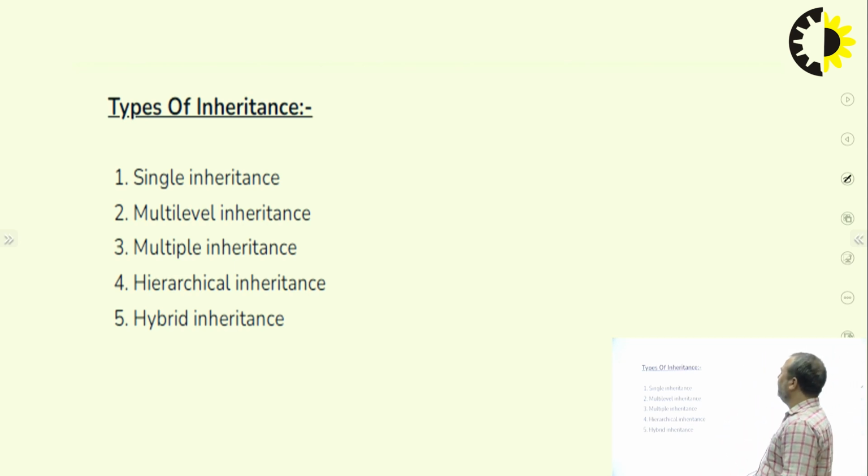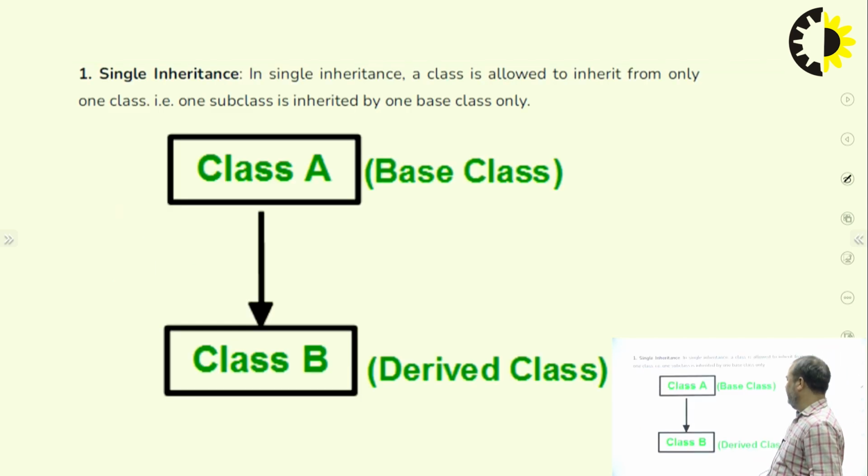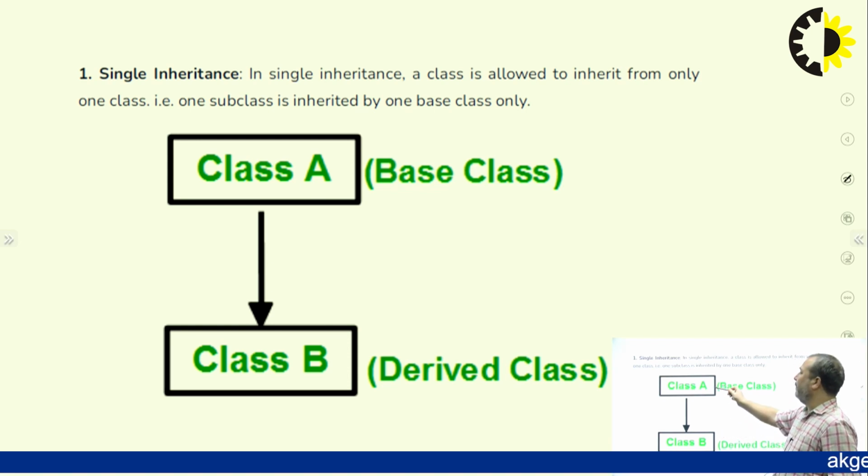There are many types of inheritance: single inheritance, multilevel inheritance, multiple inheritance, hierarchical inheritance and hybrid inheritance. For example, this is single level inheritance. B inherits the properties of A, and B can inherit the properties of A privately, publicly or protected.